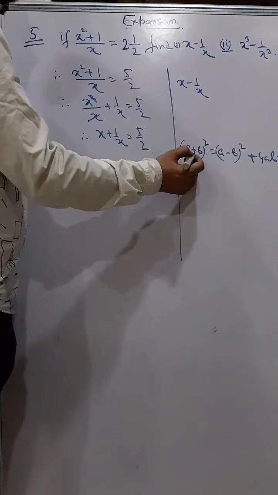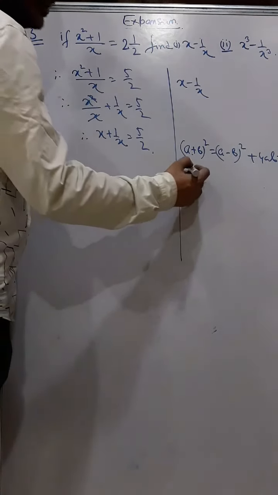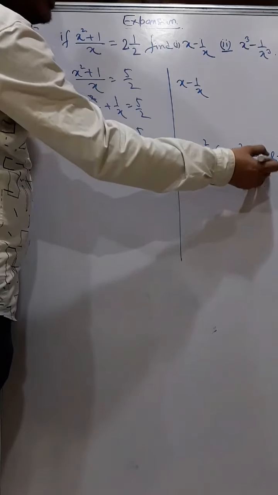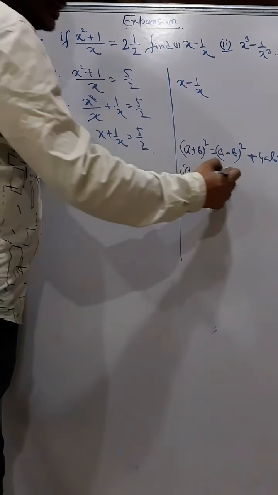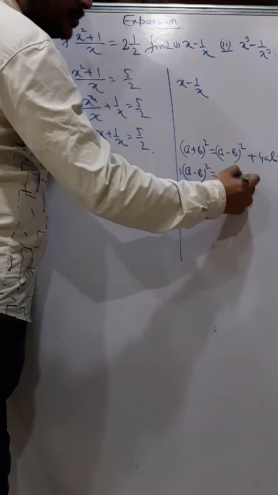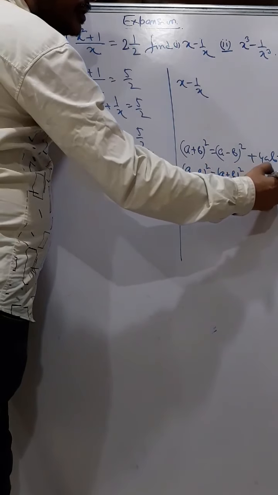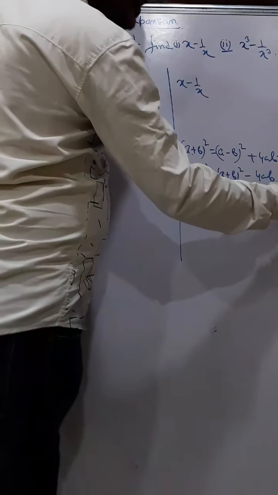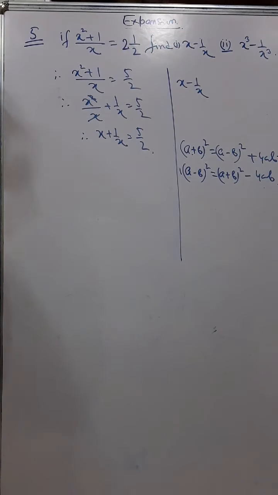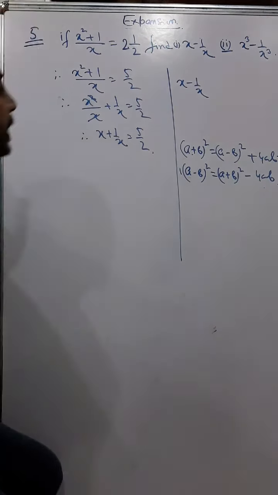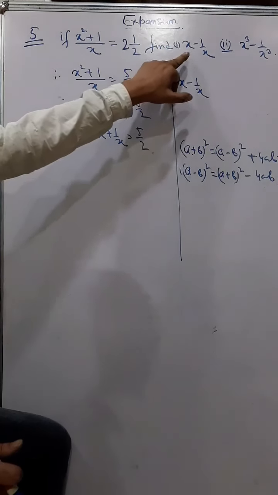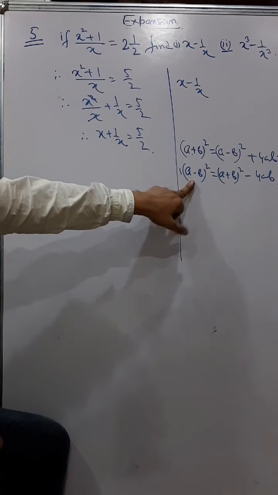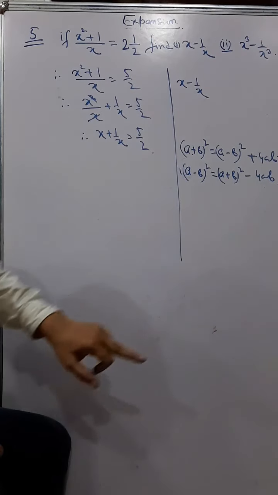Now this is in terms of a plus b whole square. If you write the same formula in terms of a minus b whole square, this 4ab will come to this side, and the formula will become a plus b whole square minus 4ab. So directly, if I require x minus 1 by x, I can use this formula and get the value of x minus 1 by x.